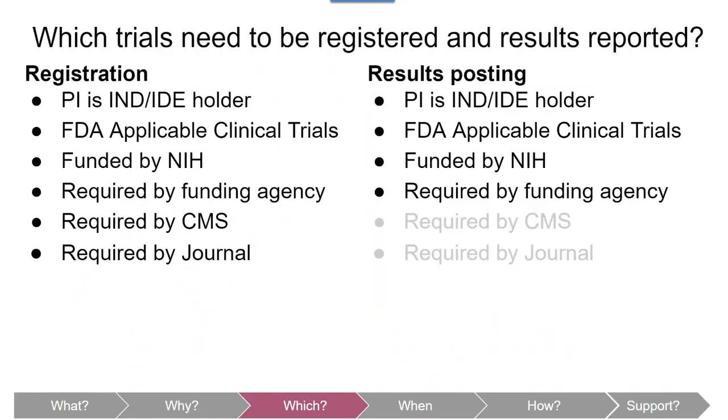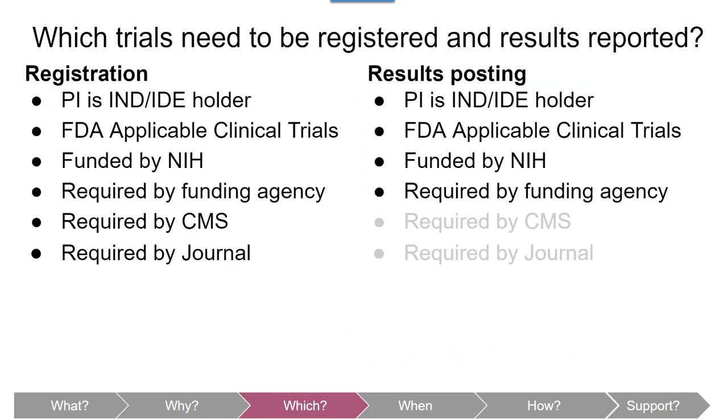Once you determine that a study is a clinical trial, then in general, a clinical trial needs to be registered if the PI is an IND or IDE holder, or if it meets the definition of an FDA applicable clinical trial, and if your trial is funded by NIH in whole or in part, otherwise if required by the funding agency.